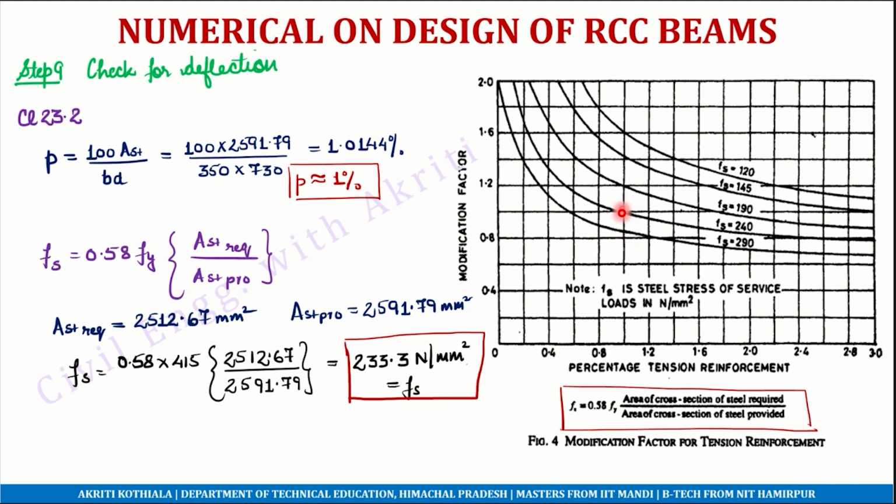So if this is 240, then somewhere here will be the value 233, and if we extend this line to the vertical axis, this point will be equal to 1.1 and this will be equal to 1.0.